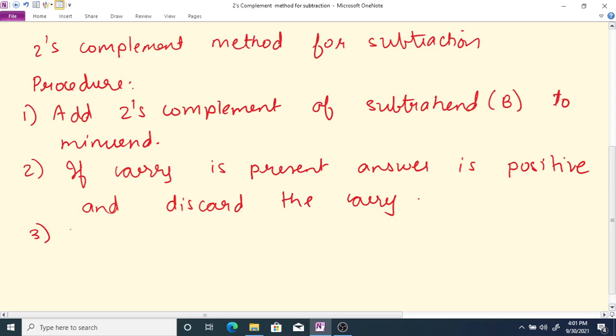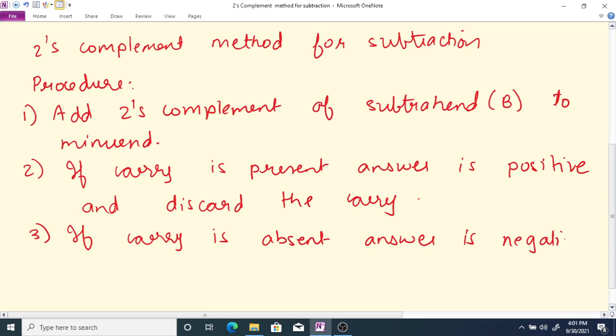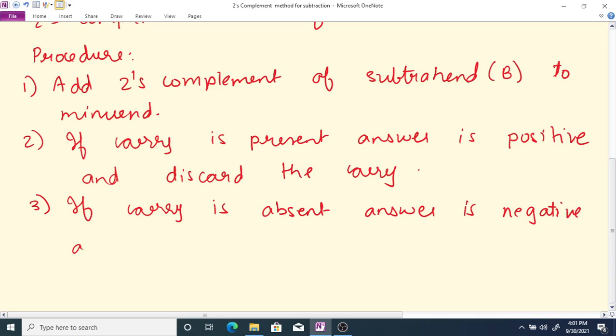Then third step, if carry is absent, answer is negative and in its 2's complement form.